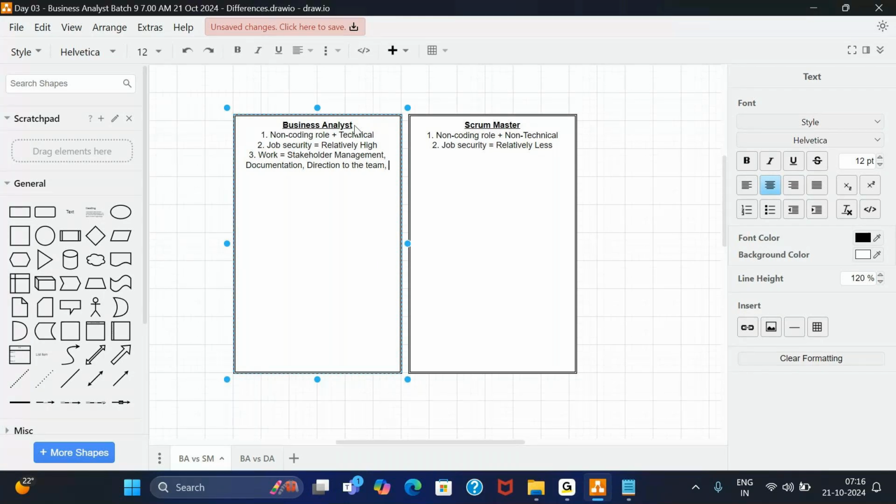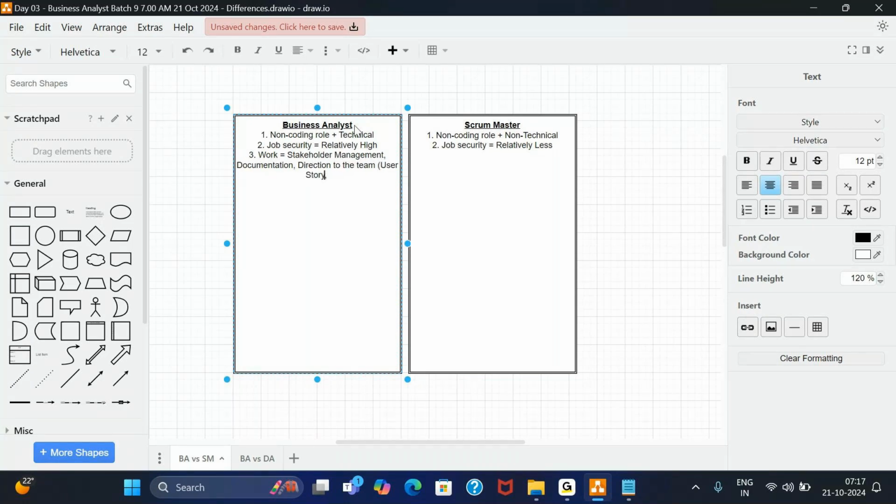Now, another key aspect for a business analyst, along with providing documentation and direction, and direction would include every other thing as well, like user stories, acceptance criteria, and detailed requirement documents such as BRD, FRD, or SRS. All those would be included in it. Let me write those down.